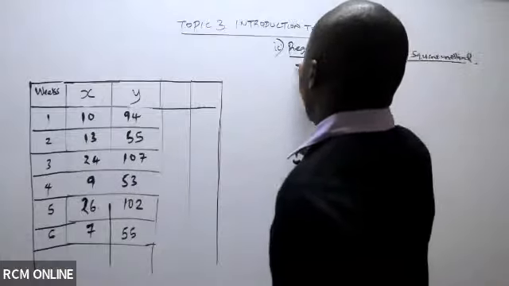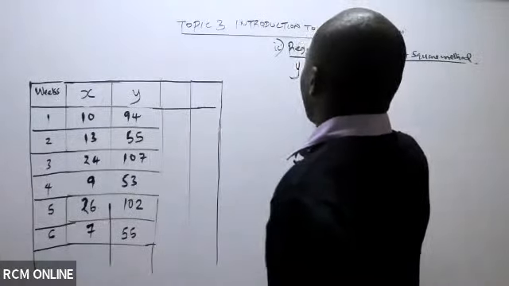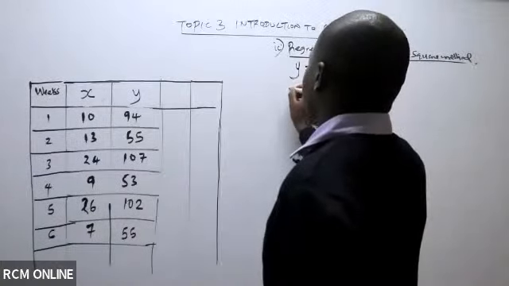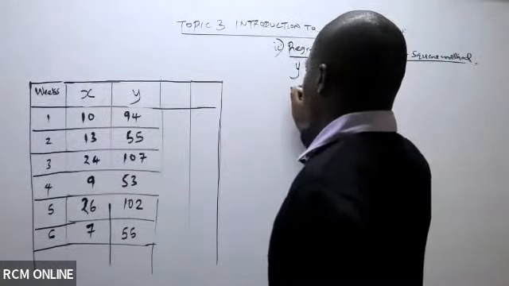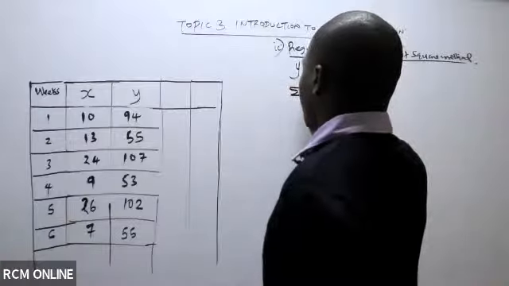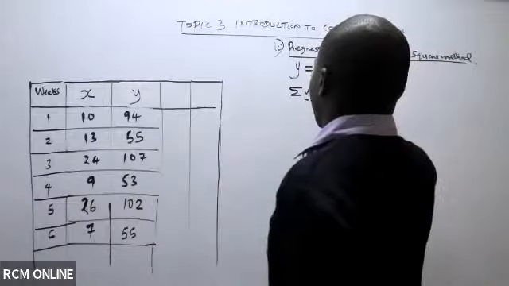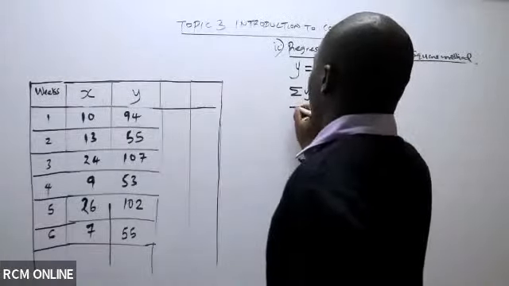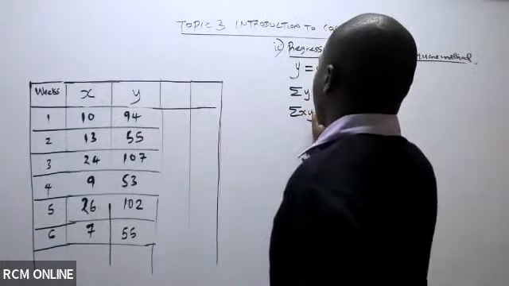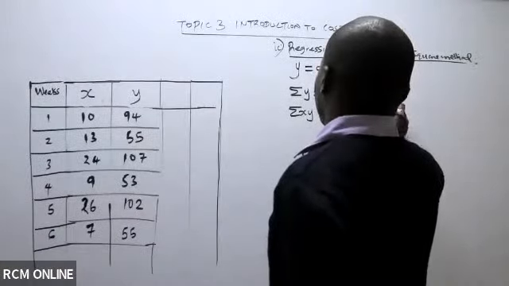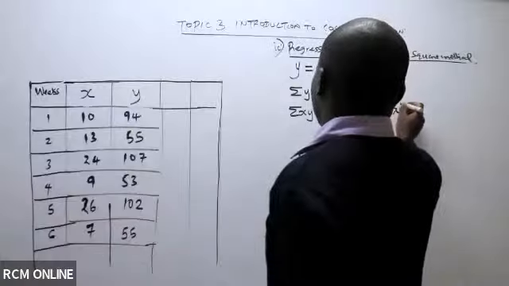Our cost function y is equal to a plus b x. Then now come here and say, for us to arrive at this, we must get summation of y is equal to na plus b summation of x. Summation of xy is equal to a summation of x plus b summation of x squared.